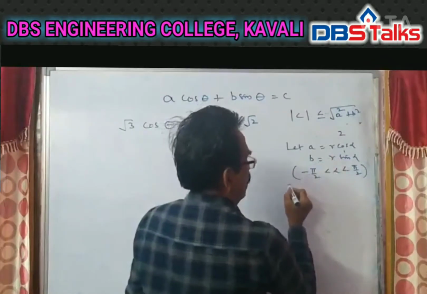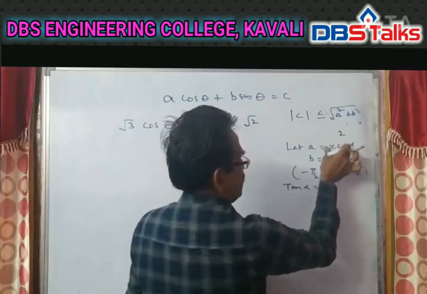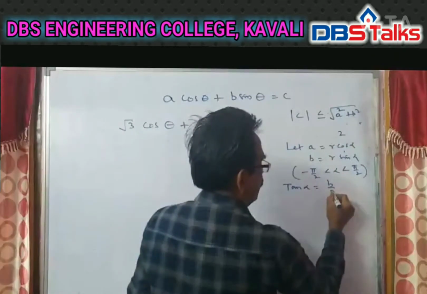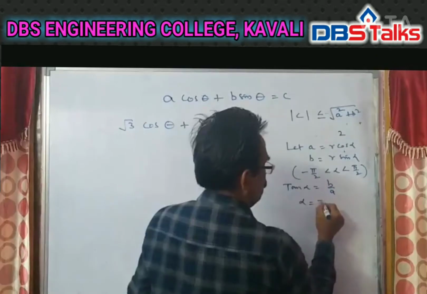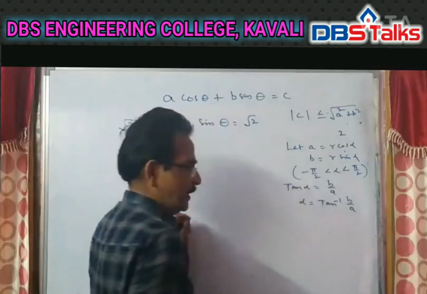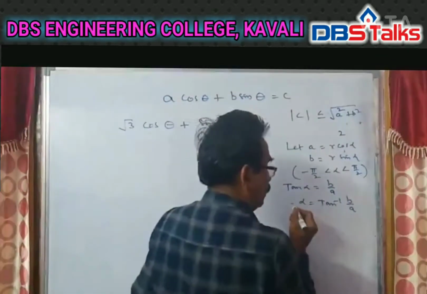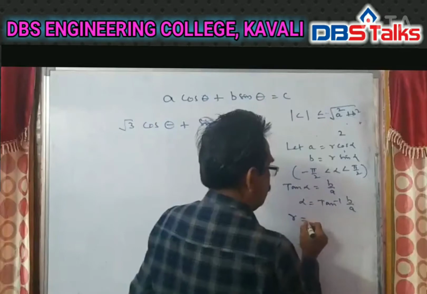Then what is tan alpha? Tan alpha is b by a, so alpha is equal to tan inverse b by a. This is the first thing. Then we have to find r also.